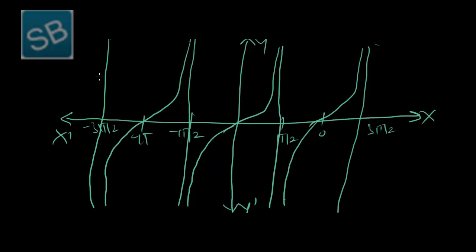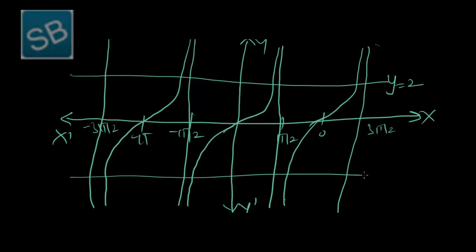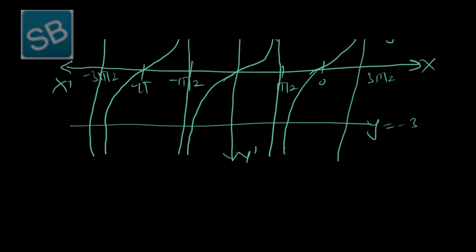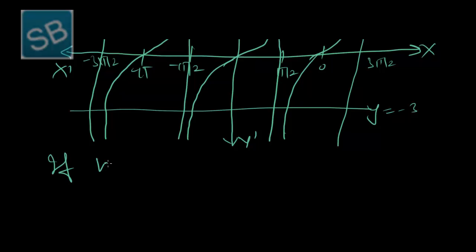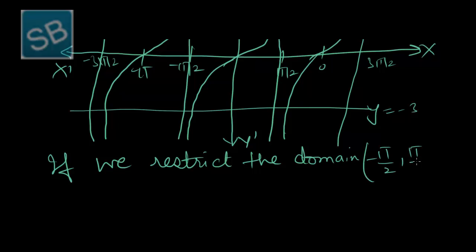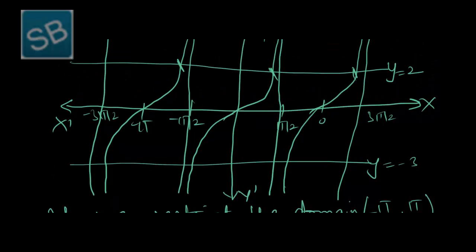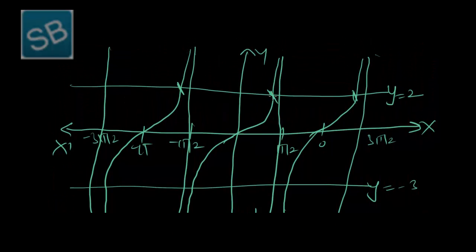So we can say if we take y is equal to 2, y is equal to minus 3 and so on, we can see it cuts the axis at infinitely many points, that is infinite solutions. That means if we restrict the domain minus pi by 2 to pi by 2, you can see here it will get only one point.